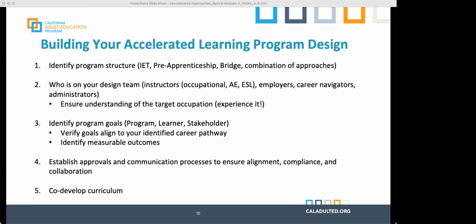Fourth, establish approvals and communication processes to ensure alignment, compliance, and collaboration, something that you all know, right? But when you get this many partners or you have this many goals, everybody needs to be on the same page, and you need to be able to meet each other's identified outcomes, any compliance measures, and then really how you're collaborating. And then off to developing that curriculum. Next slide, please.